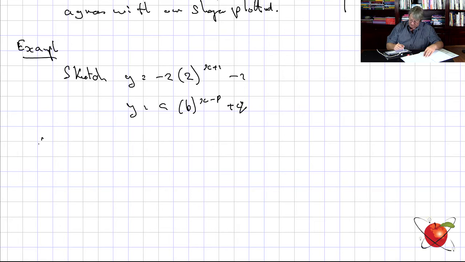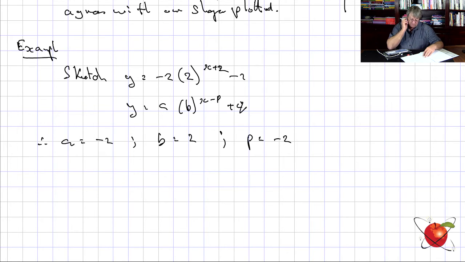Therefore, I can say a is equal to minus 2, b is equal to 2, and p is equal to minus 2. That's a 2 there, by the way. And q is equal to minus 2. Did you see where I got that from over here? That's a plus 2, so it's x minus minus 2. That gave me my p over there as a minus 2.